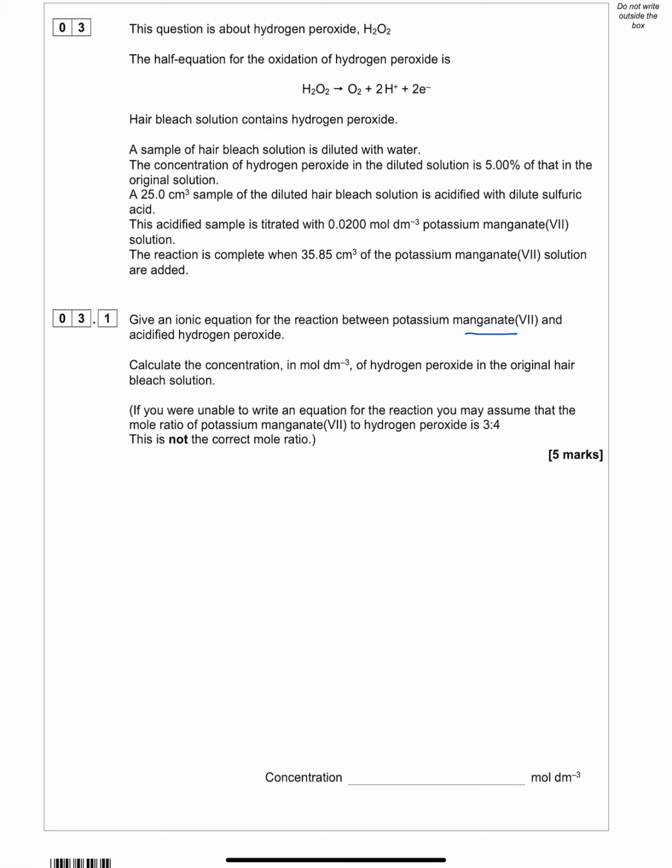They already gave you the half equation for the oxidation of hydrogen peroxide here, and you need to write the full equation. So you need first to write the half equation for the reduction of the manganate.